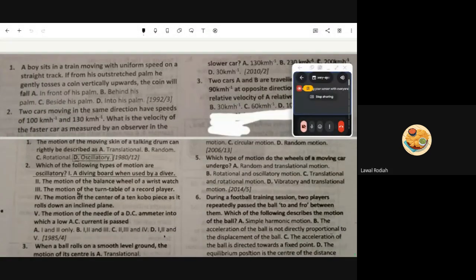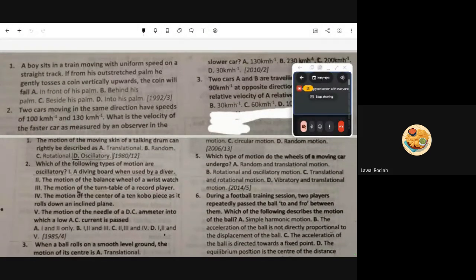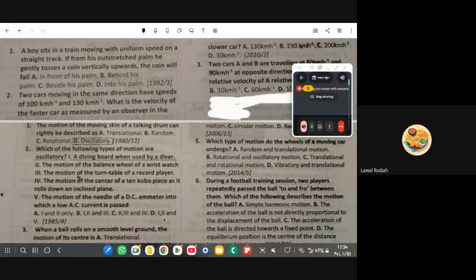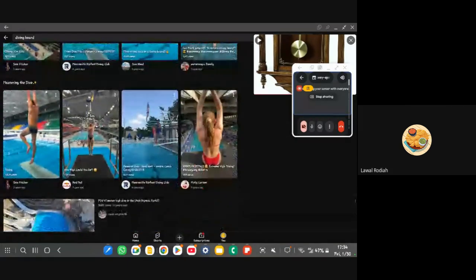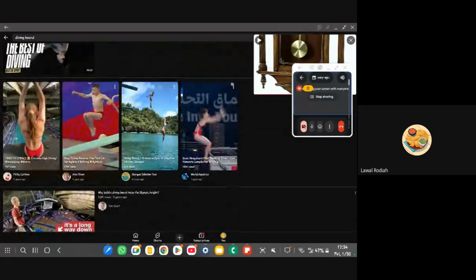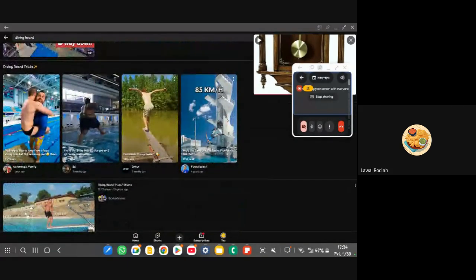Okay, so a diving board, when used by a diver, when the person taps the board, let's come back here. I want to find a very decent picture.